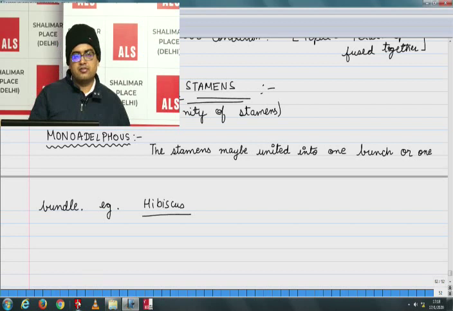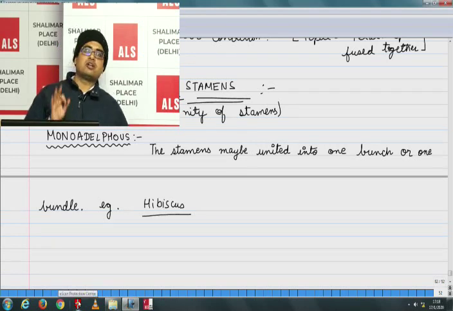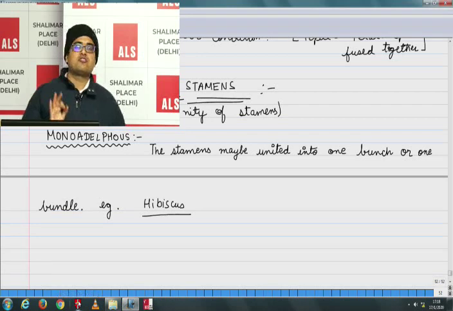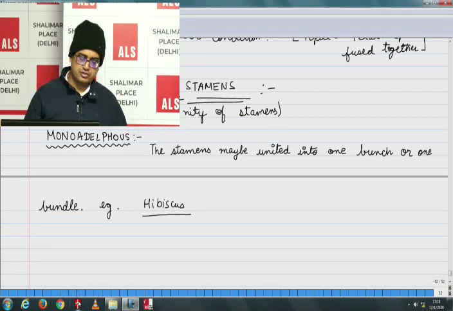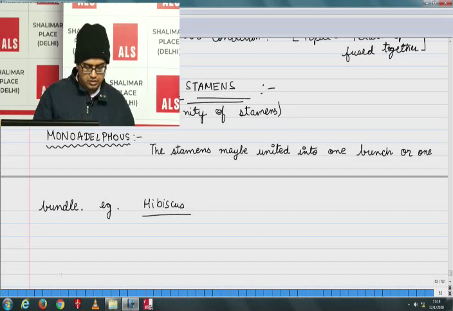Then there is biadelphous, diadelphous, or polyadelphous. So if there are two bundles, diadelphous. Five bundles or more, polyadelphous. So we have to learn these terms.